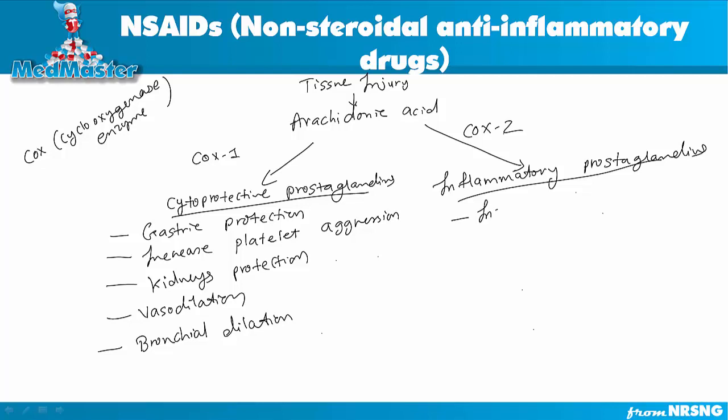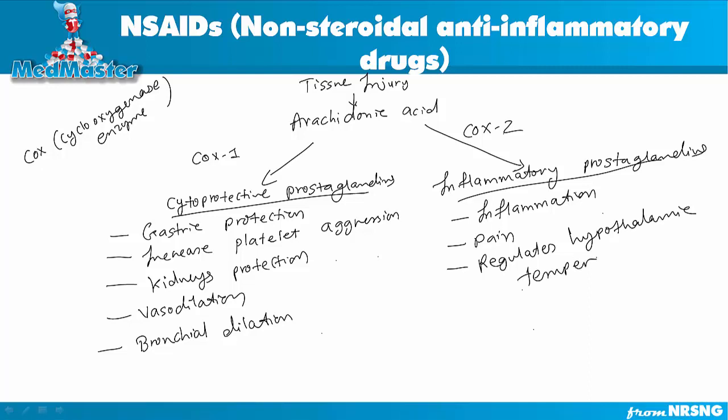It causes inflammation, pain, and it regulates hypothalamic temperature. So what it does, it increases the temperature of the body whenever there is a tissue injury, either at the site or generalized body temperature. So that is how the inflammatory prostaglandins work.